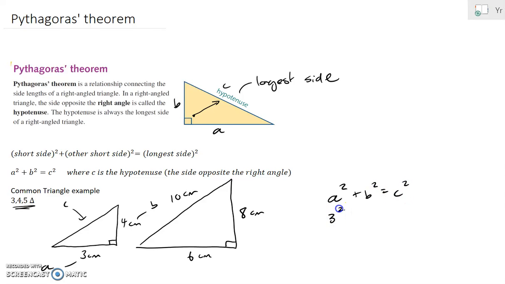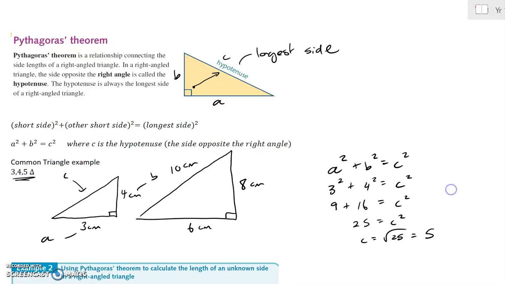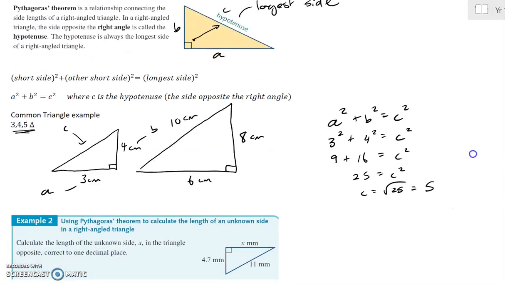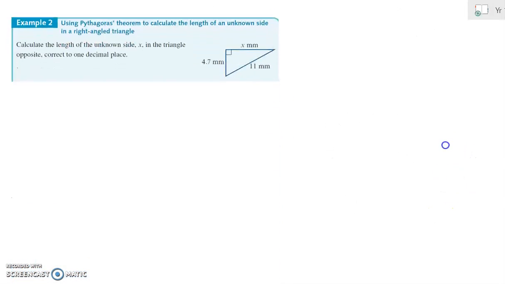Then you substitute in: 3 squared plus 4 squared is C squared, so we get 9 plus 16 is C squared. 25 is C squared. C equals the square root of that, which is 5. Put that in your calculator as well. I'll show you that after this example.